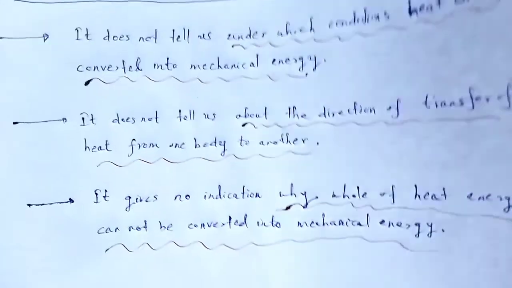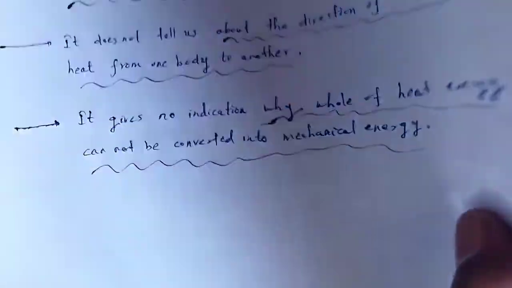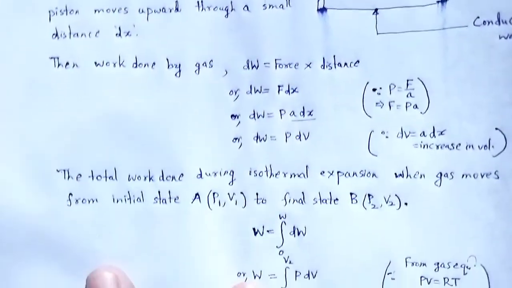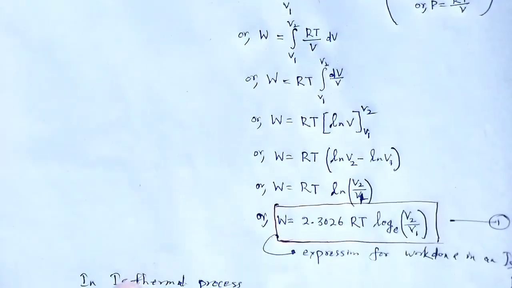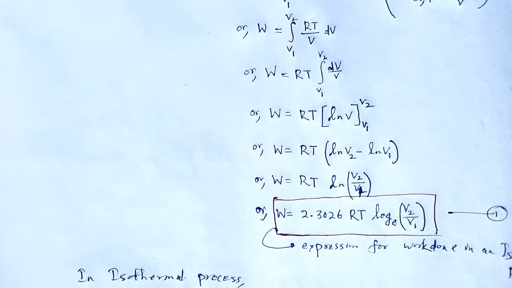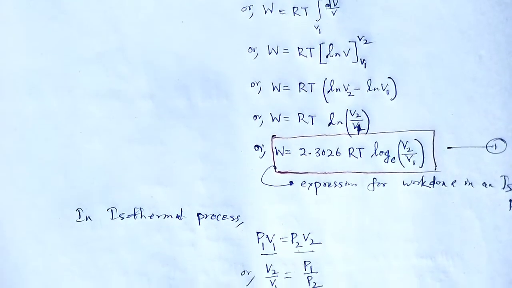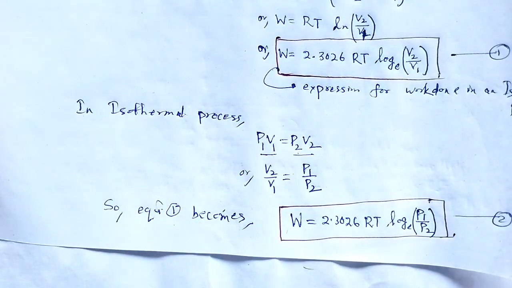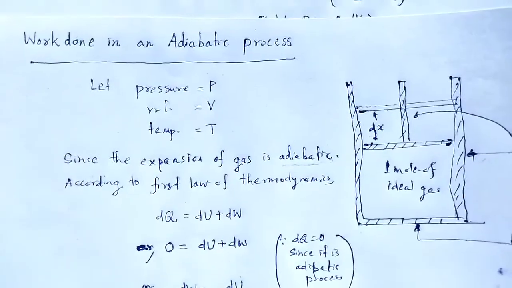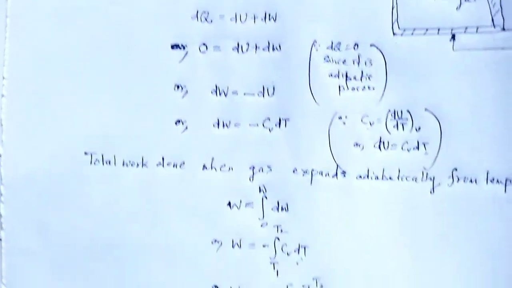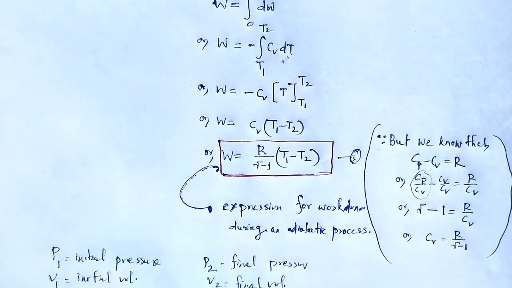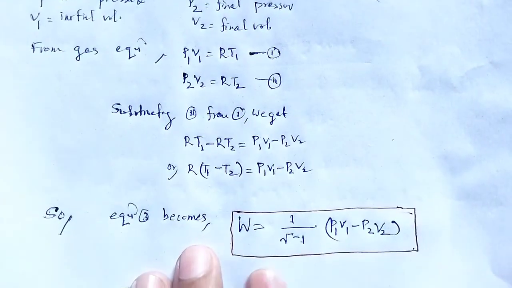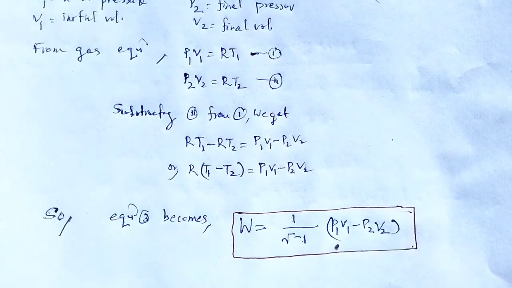So, with the help of this visual lecture, we understand the work done in an isothermal process, the expression in terms of volume and pressure. The work done in an adiabatic process is also an expression we have learned.